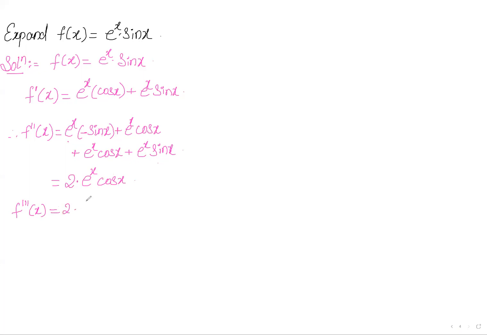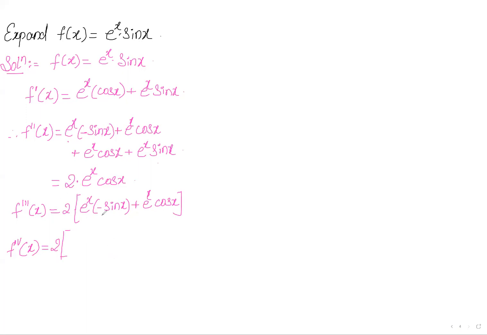Now next derivative, third derivative: 2 constant, e raised to x into minus sin x, minus sin x, plus e raised to x cos x. Again going for the next derivative, fourth derivative of given function is equal to 2 constant, taking derivative of this bracket, applying that u into v rule.